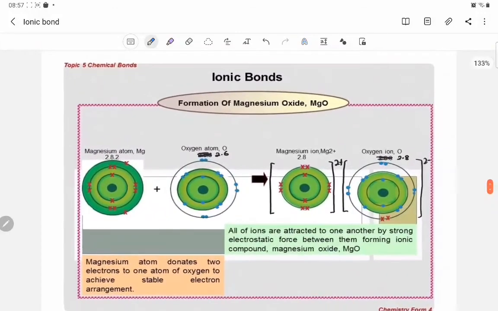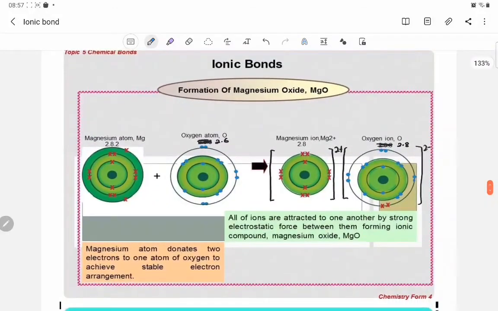Okay, next we look at the next example, which is the formation of magnesium oxide. Okay, so you can see here, magnesium atom, we have the electron arrangement 2.8.2, so it means that the valence electron is 2. So it has a tendency to donate electron.